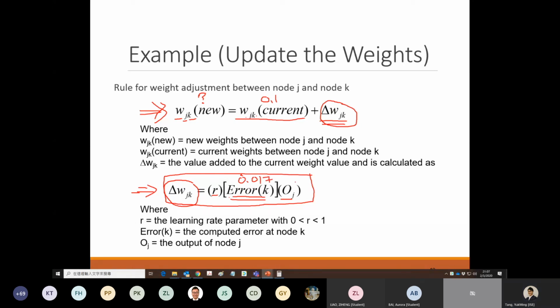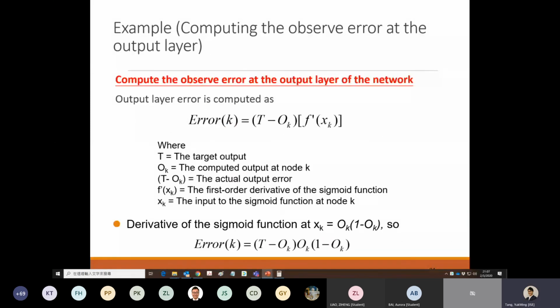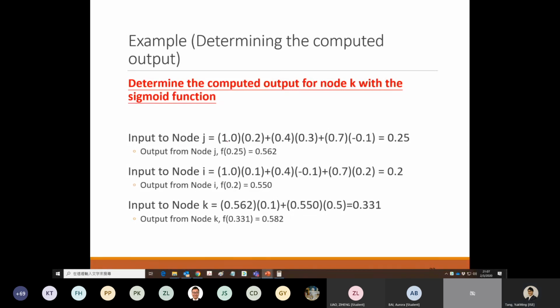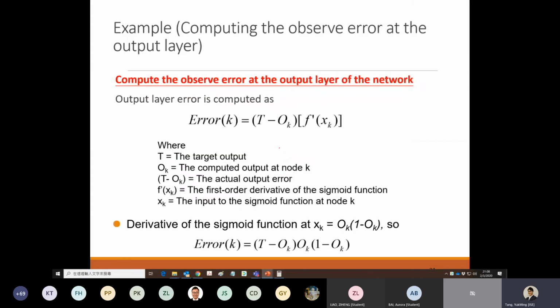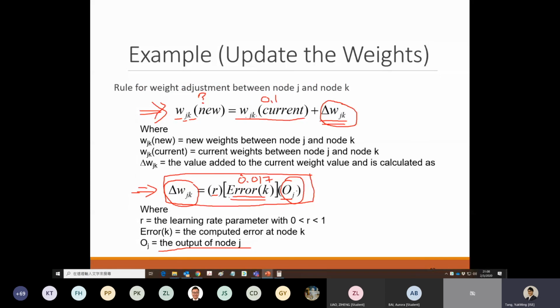How about Oj? Oj means the output of loop J. We have calculated before that the output for loop J is equal to 0.562. So how about R?